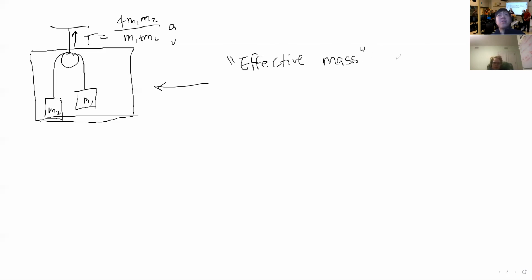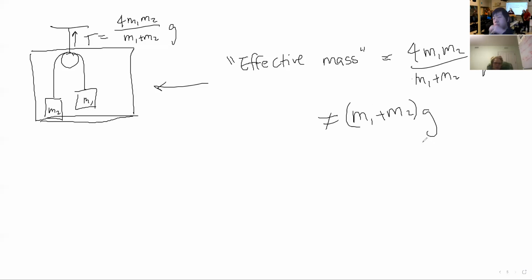So this is to say the effective mass of the entire pulley box system is equal to 4 m1 m2 over (m1 plus m2), times g, right? And note that this is not equal to m1 plus m2 just by itself times g, right? Yeah, assume the string is very long, sure.